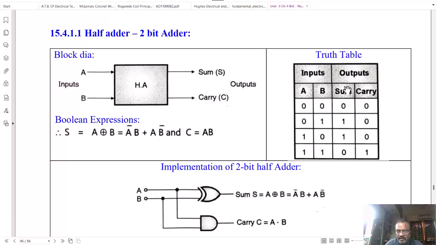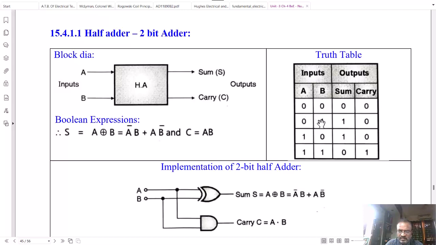So in writing the terms of output, first we will discard the rows corresponding to output 0 and then write the terms of input which represent the output corresponding to that row.